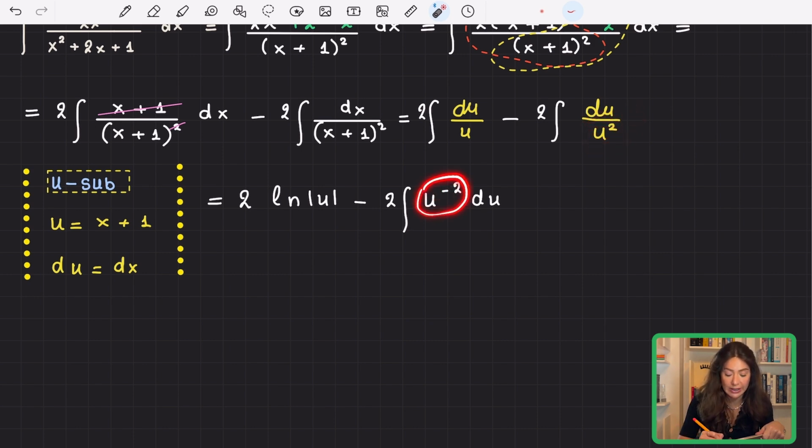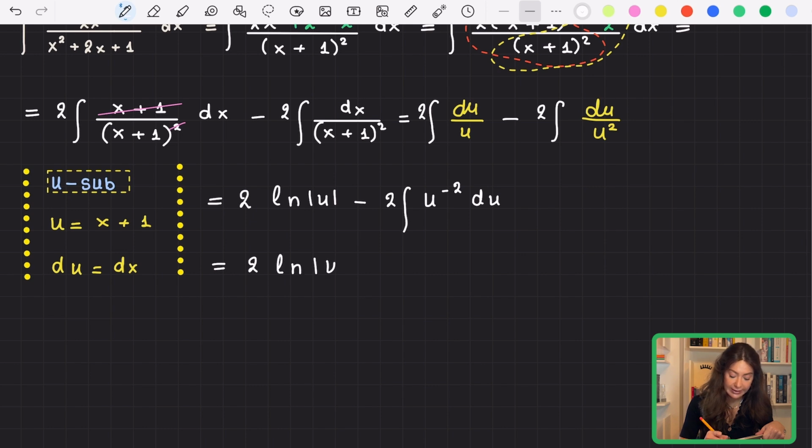So u comes upstairs with a negative power. Then you can treat this as simply u to the n. So you increase the power by 1. And you write the same exact number in the denominator. So u to the negative 2 plus 1, over negative 2 plus 1, plus the constant of integration.